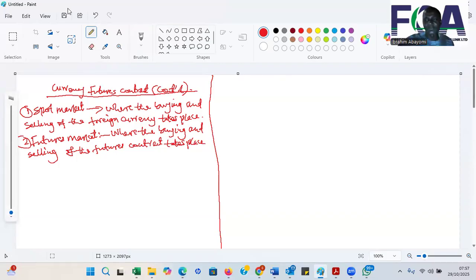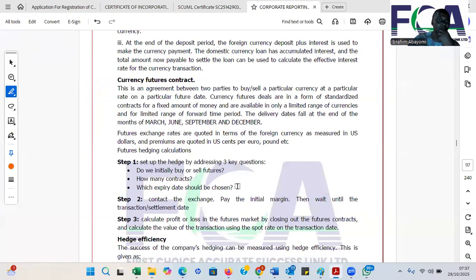These are the two markets you are dealing with when you are hedging using futures contracts. Okay, let's go to our materials.